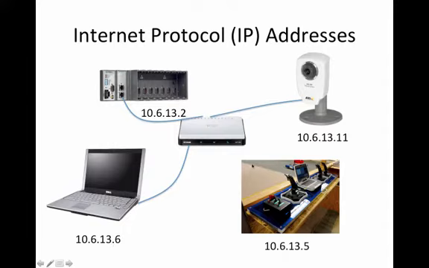If you notice what FIRST did was they said you start with a 10 and then put a period, and then you're going to put your team number in here, and that's going to be how you come up with the IP address for your network. The last digit right here signifies which component on that network we have. So component number 2 is your C-RIO, component number 11 is your camera, number 5 is your driver station, number 6 is your computer here.